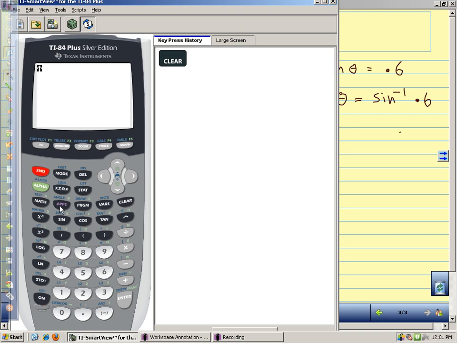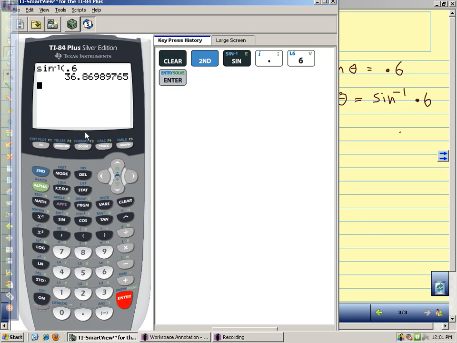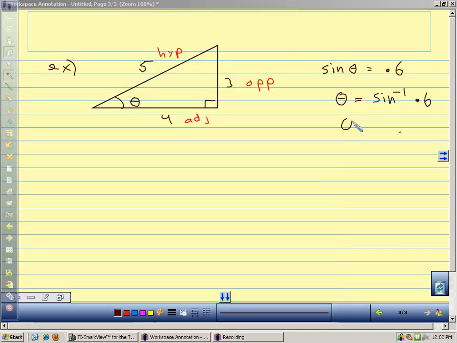I'm going to do second to get to my inverse sine of 0.6. And I get 36.87 degrees. So I wanted to find the angle, so I used the inverse sine.